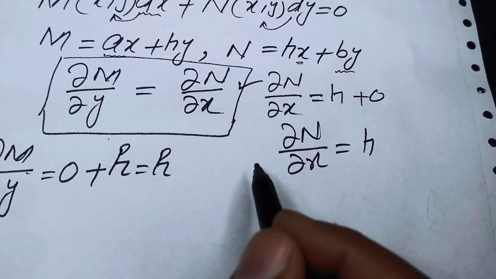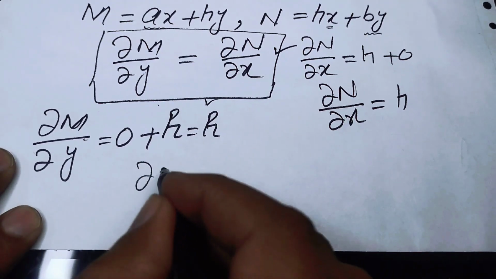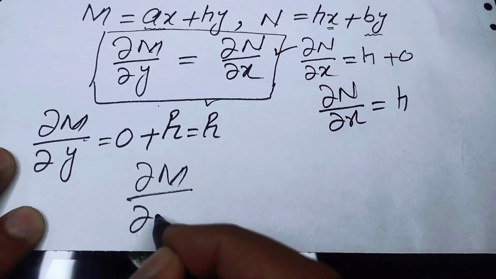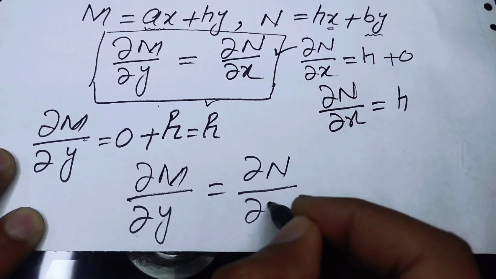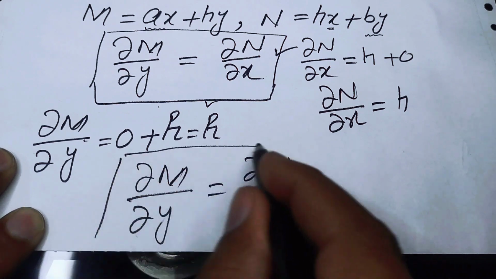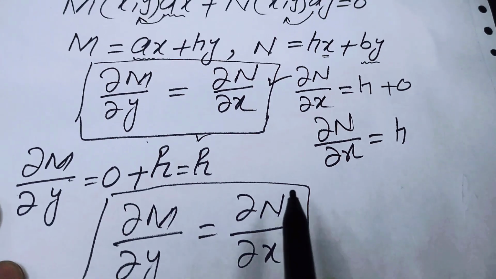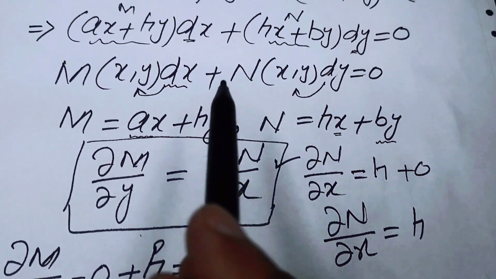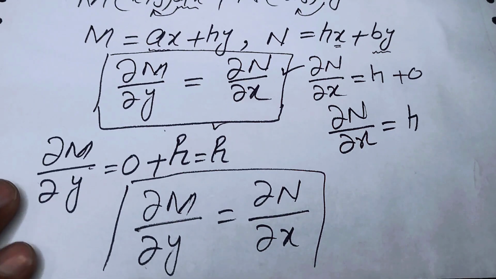Now you can see both of the terms, and we can write partial M over partial y is equal to partial N over partial x. So the condition of an exact differential equation holds, and we can say that our given differential equation is exact.